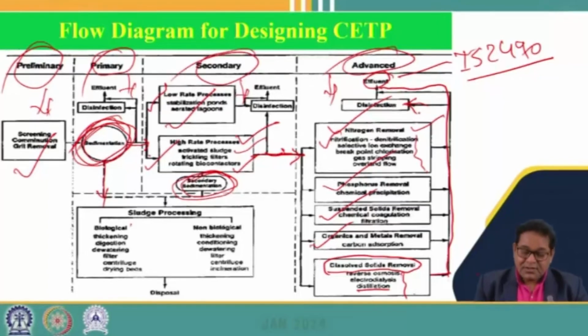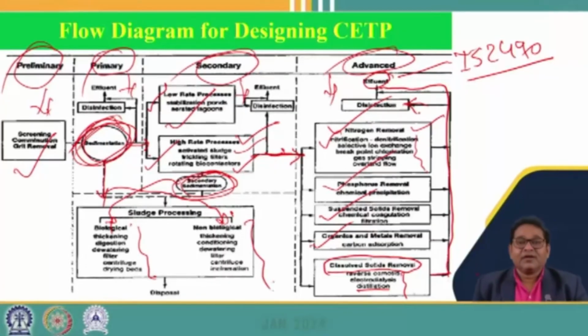Here two different types of sludge are produced: one is biological sludge and another is non-biodegradable sludge. This sludge goes here and this sludge goes here. Again, for different types of sludge there are different unit operations and treatment systems which can be selected for the treatment and final disposal of the sludge.